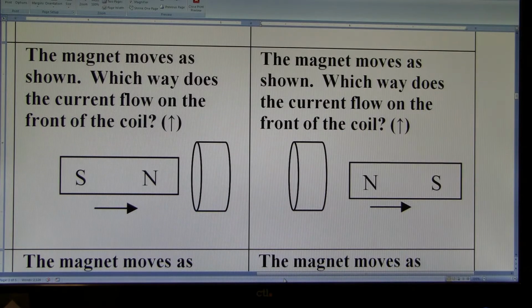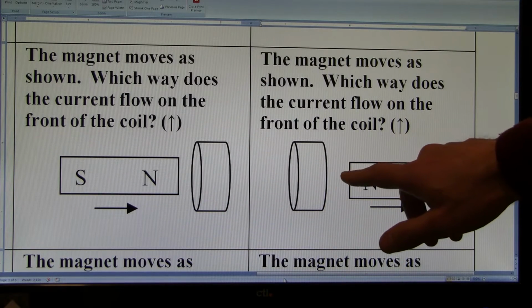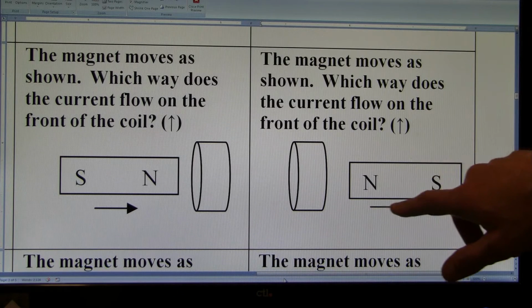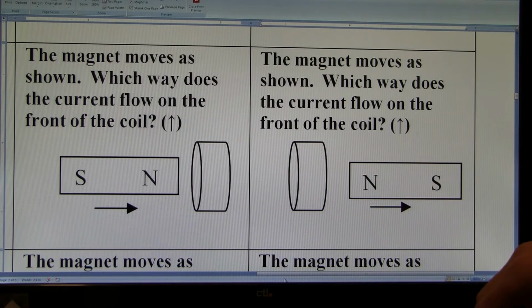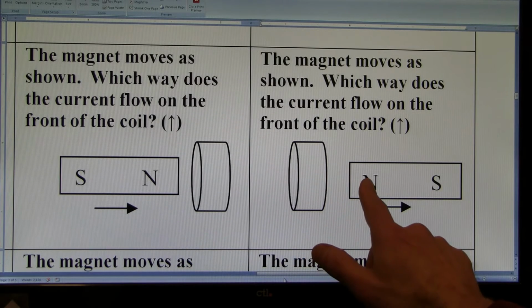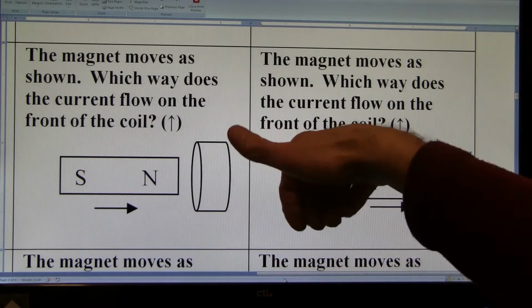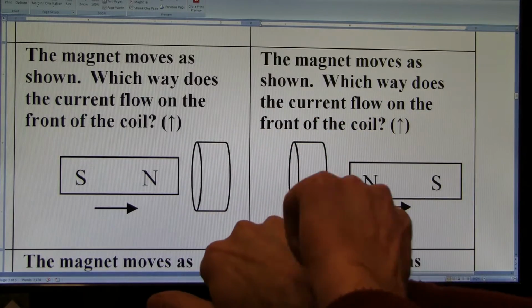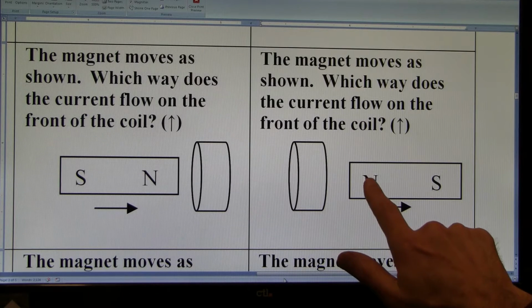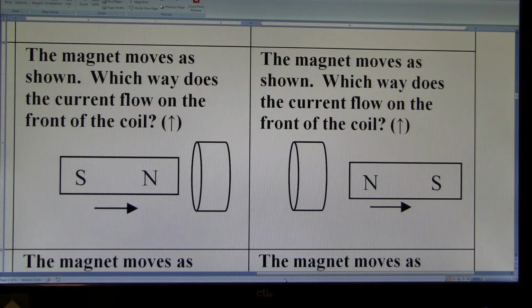Okay? And then here, this guy here, we don't want that north pole to move away. We always oppose the motion of this magnet, right? Okay, so to oppose the motion of that magnet, we want to create a south pole on this side, right? So therefore, the current's going to flow up the front to create a south pole on this side to attract that north pole and make it want to come back, right?